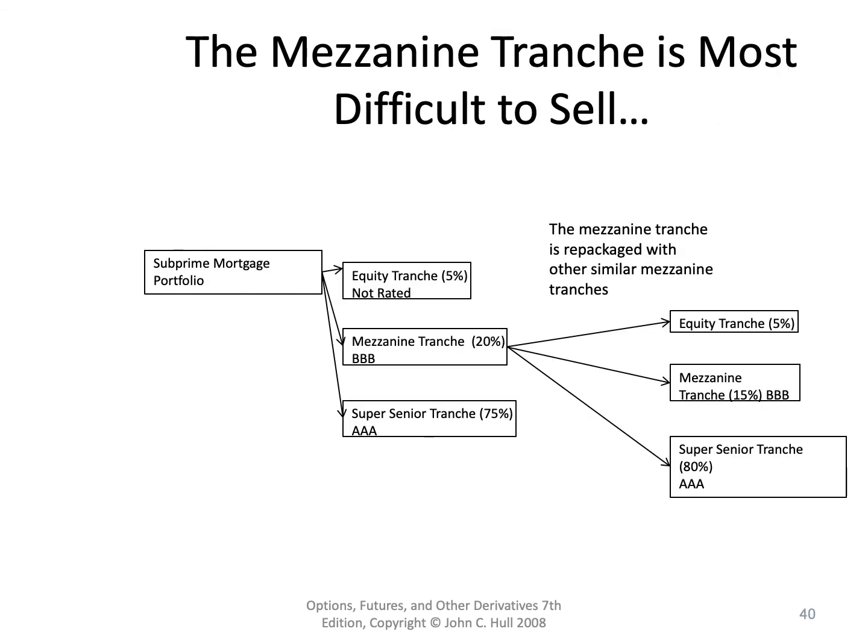The mezzanine tranche is the most difficult to sell, but it can be repackaged with other similar mezzanine tranches. So the super senior tranche, for example, is rated AAA, the mezzanine tranche BBB, and the equity tranche, which has a very, very good return, is generally not rated, but it's a very small part.